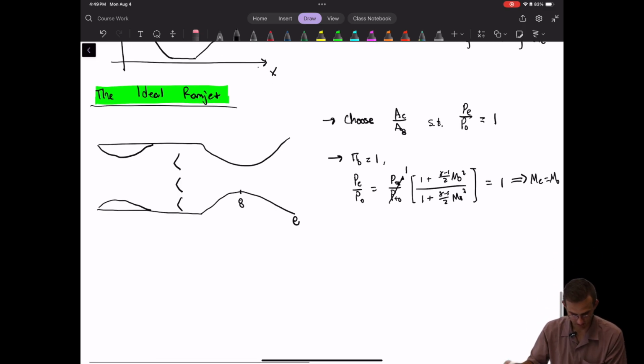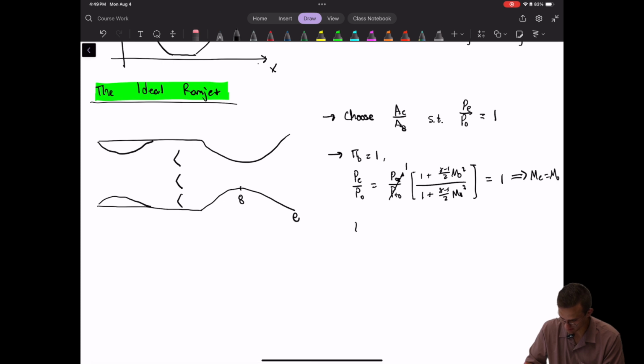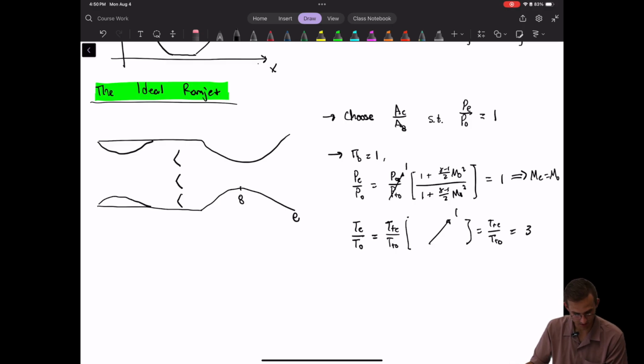And then we can calculate TE over T naught, which is TTE over TT naught. We know what that value is. And whatever is in this bracket here is just going to go to 1, so the Mach numbers are the same. So TE over T naught is equal to TTE over TT naught, which is equal to 3 in this case.